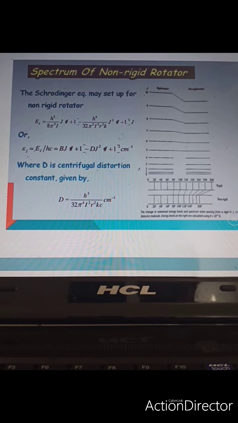Based on the splitting, there are two types: the first order Stark effect and the second order Stark effect.